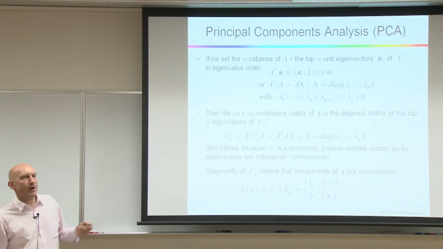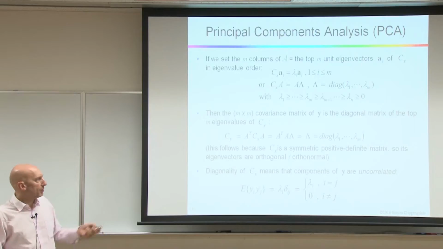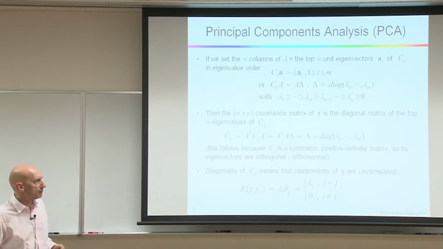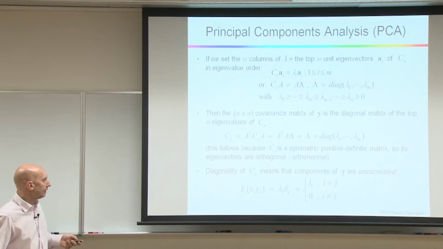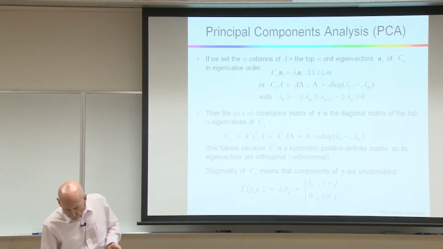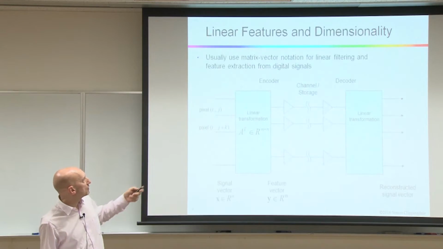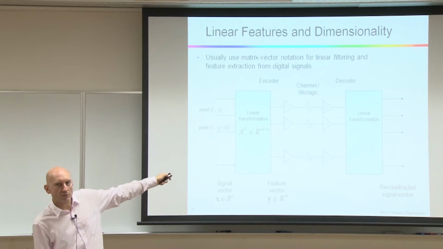So the components of Y are not independent, but uncorrelated means, in a very loose sense, independent of each other. So this is the way that you would probably want to do this kind of thing.